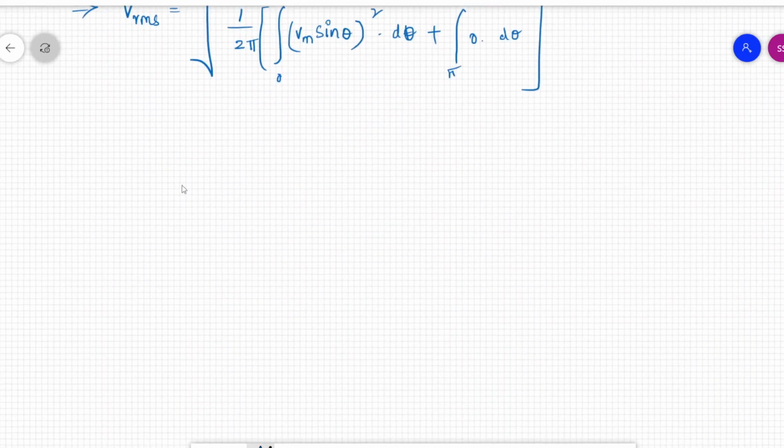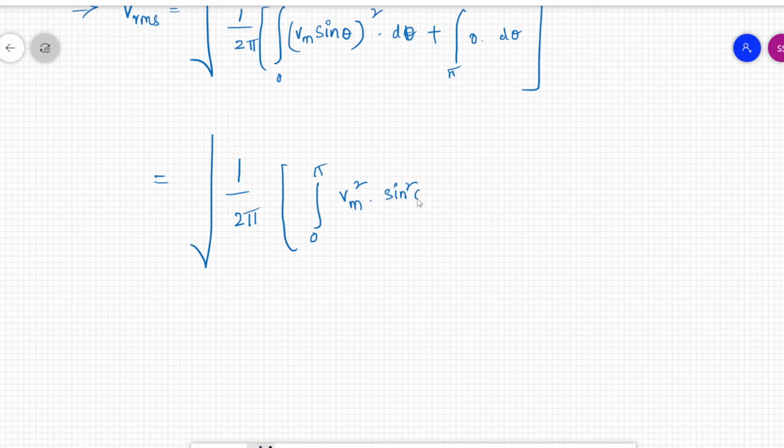Now let us perform the integration, that is 1 by 2 pi integral 0 to pi Vm square sin square theta d theta, because the integration of 0 will become 0.